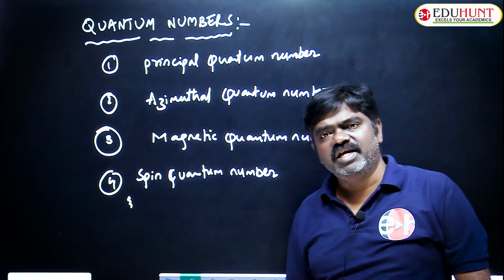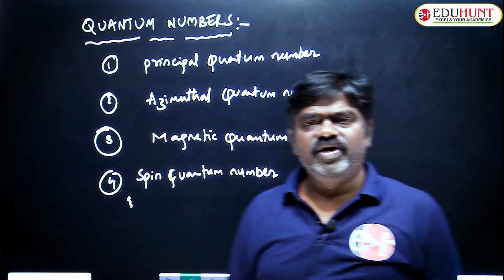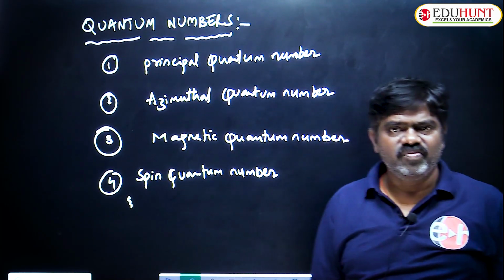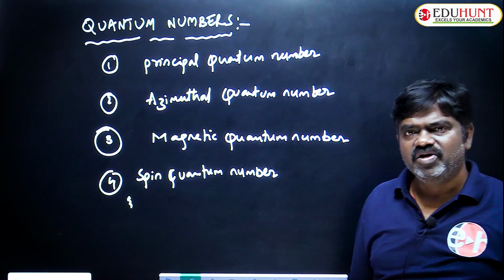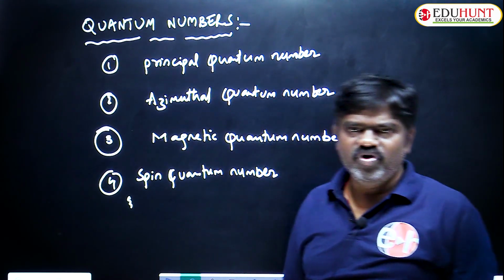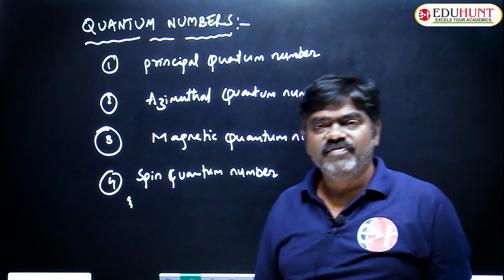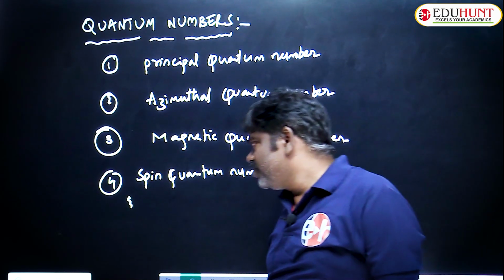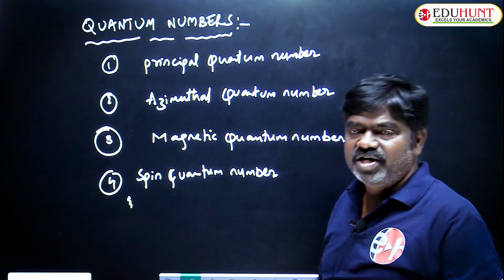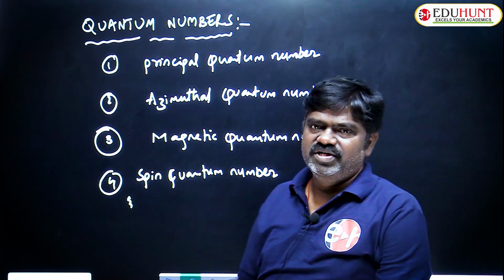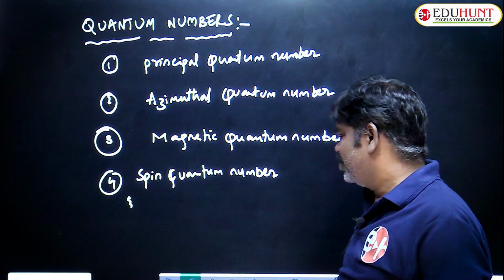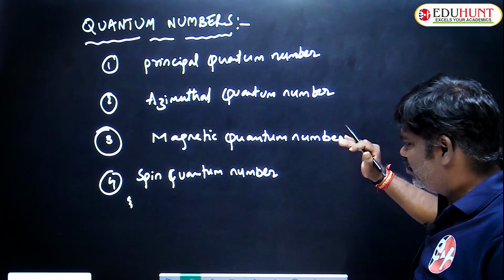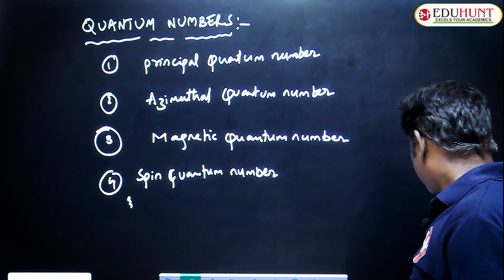To explain the energy of the electron, the shape of the orbital, the orientation of orbitals, and the spin of electrons, four quantum numbers are required, but before the spin quantum number, only three quantum numbers were proposed.